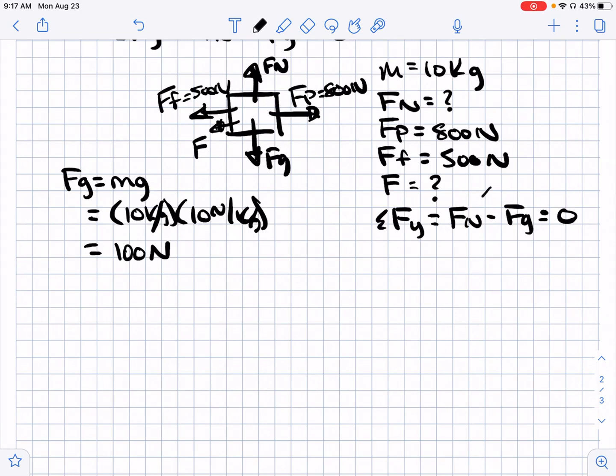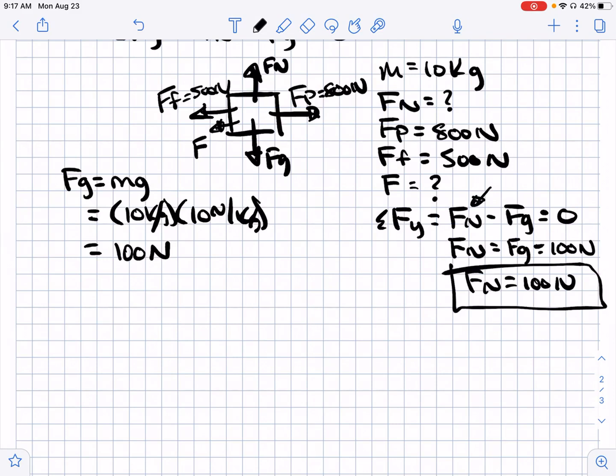The problem wanted me to solve for this normal force. And because this is equal to 0, we know that the normal force is just equal to the weight, which is equal to 100 newtons. So my normal force is equal to 100 newtons. So there's the first one we're solving for.